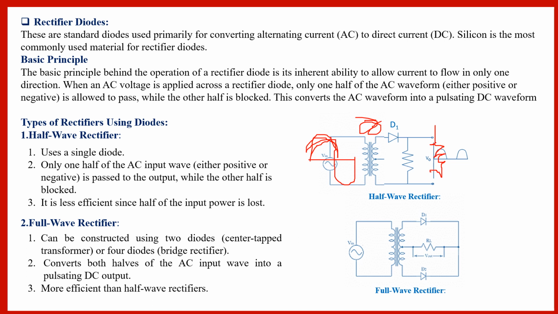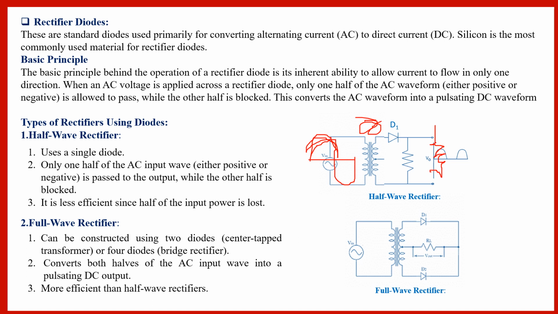In other words, D1 utilizes the AC voltage appearing across the upper half of the secondary winding for rectification, while diode D2 uses the lower half of the secondary winding. So how does this full wave rectifier work?